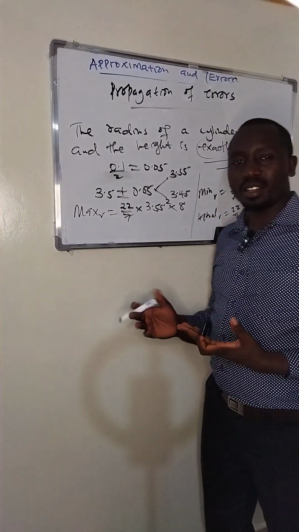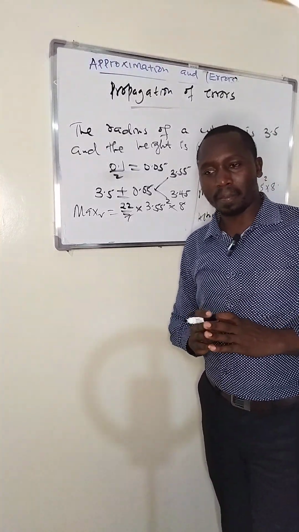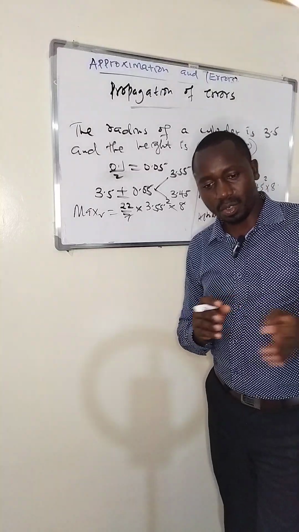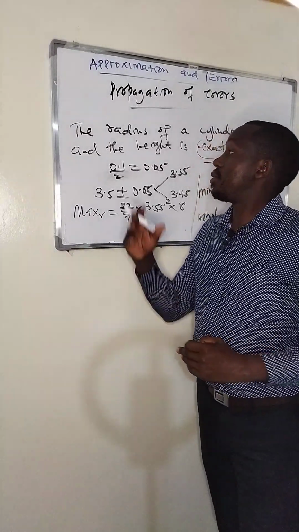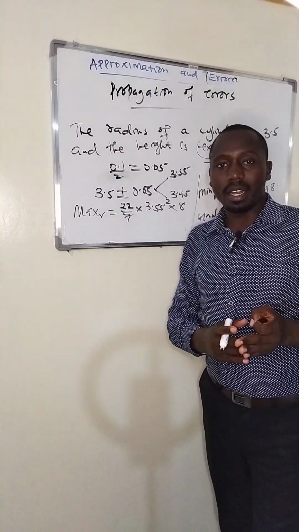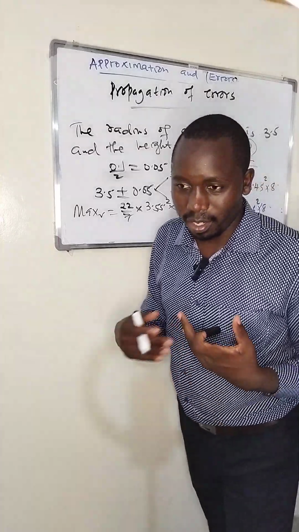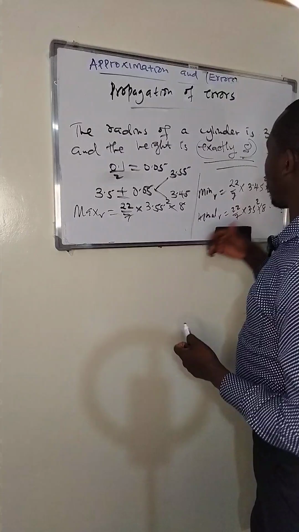So in that case, again, you don't look for the limits. When you round off, that is the estimate. If it's addition, multiplication, you just multiply directly to get the estimate value. Then you get the difference between the estimate value and the actual value. Then if you want to get the percentage error, just divide by the actual times 100.